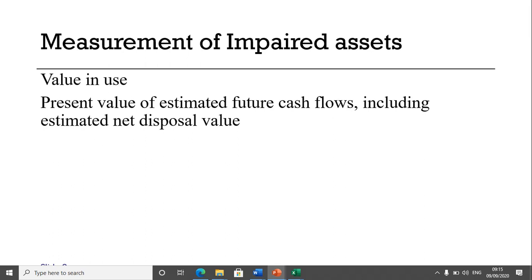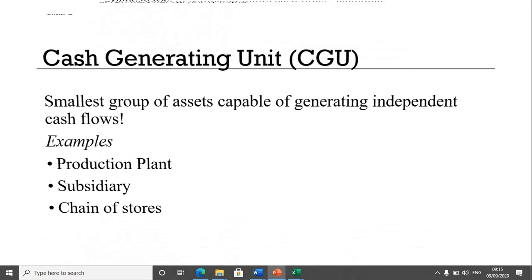Now, value in use means the present value of estimated future cash flows that may arise in relation to an asset.